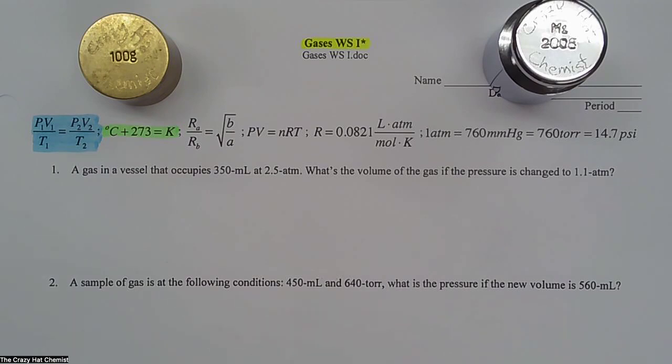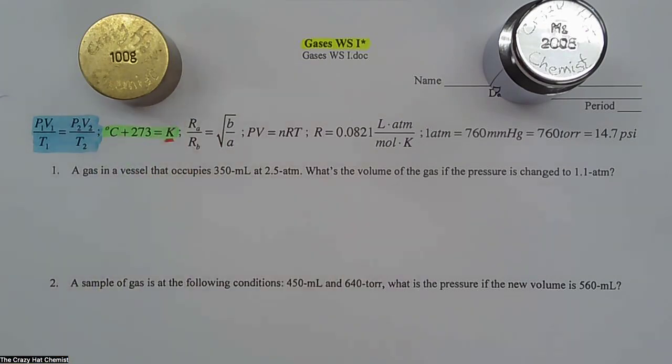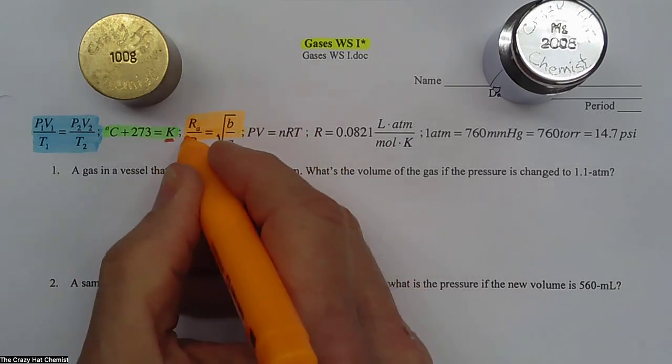One thing that's really important in the whole unit of gases is that every single time we have a temperature with a gas law, we have to use Kelvin. It is absolutely a must. You must use Kelvin, and there is no degree symbol with the Kelvin temperature.